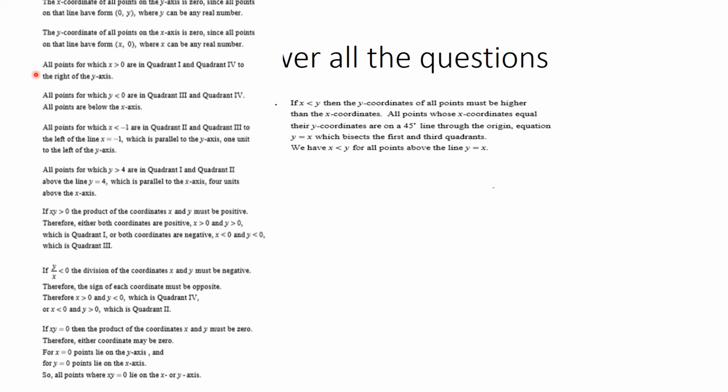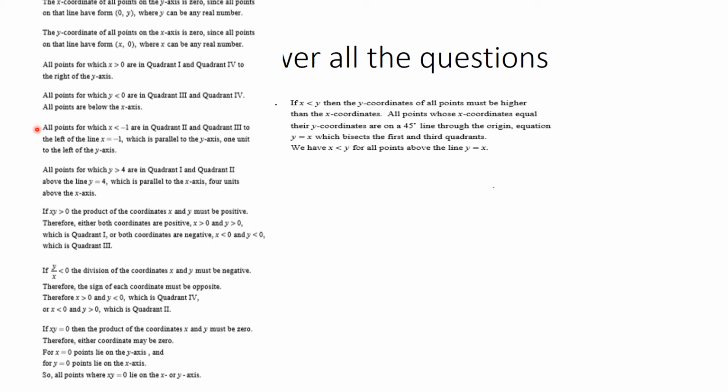All points for which x is greater than 0 are in quadrant 1 or quadrant 4, and to the right of the y-axis. All points for which y is less than 0 are in quadrants 3 and 4, all points below the x-axis.